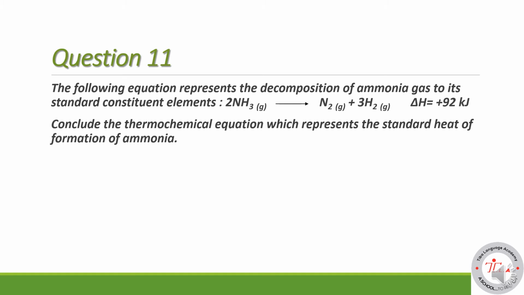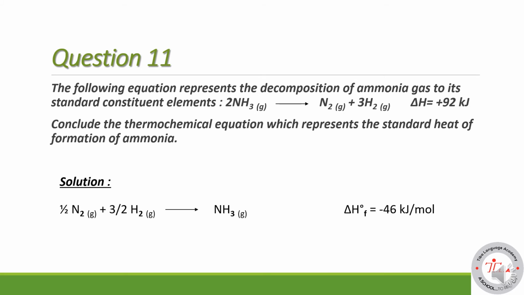The thermochemical equation should be the formation of ammonia, which means that nitrogen plus hydrogen will form ammonia, NH3. And the second condition of the thermochemical equation is that the product should be NH3, just 1 mole. So, half nitrogen gas plus 3/2 hydrogen gas equals 1 mole of ammonia, NH3 gas.